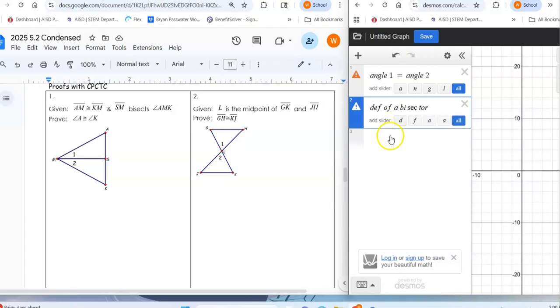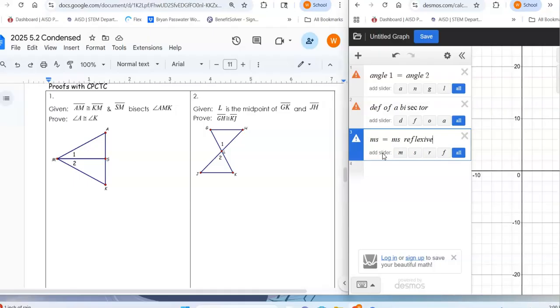Okay, the next thing I would write is segment MS. There should be a segment symbol above that, but I can't do that in Desmos. It is congruent to segment MS, which is the reflexive property. So what am I saying? This side is that side, these sides are the same thing, and there's an angle in the middle.